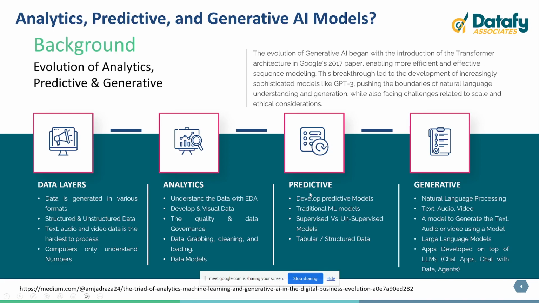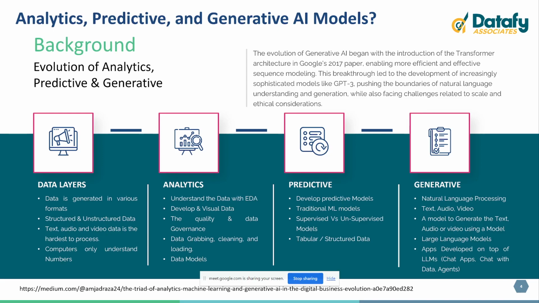There are a lot of traditional models being developed using sklearn and other frameworks. Also, deep learning has been employed in this predictive section as well, where we develop supervised and unsupervised models, mostly using structured data.